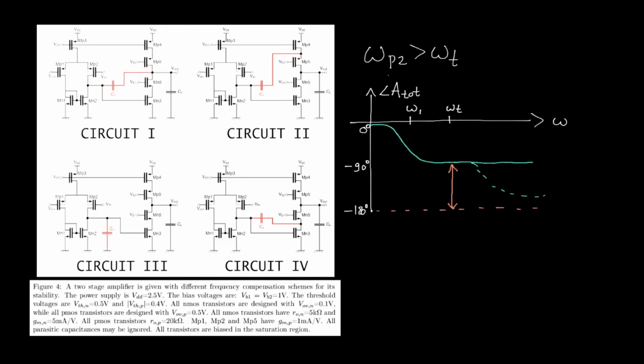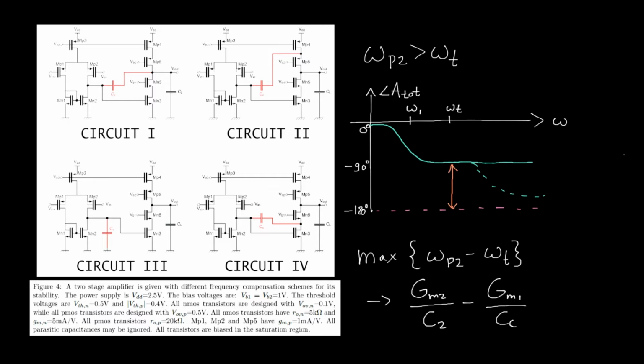So to maximize your phase margin, you should actually maximize the margin between omega p2 and omega t. If we now look at the formula sheet, we can find approximate relations for omega p2 and omega t that are as follows. Omega P2 is given as GM2 over C2 and omega T is given as GM1 over Cc.